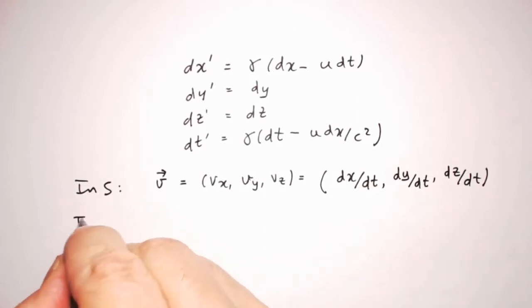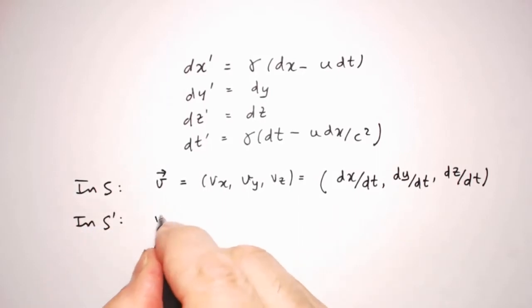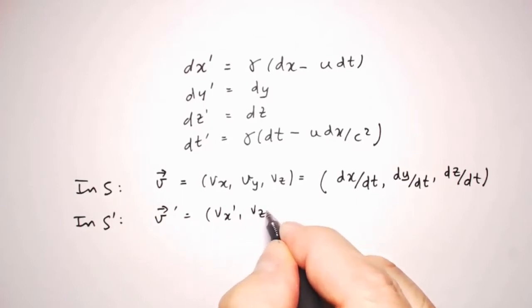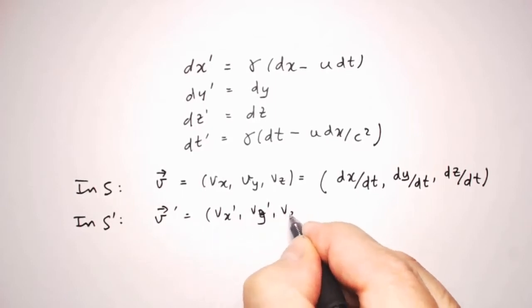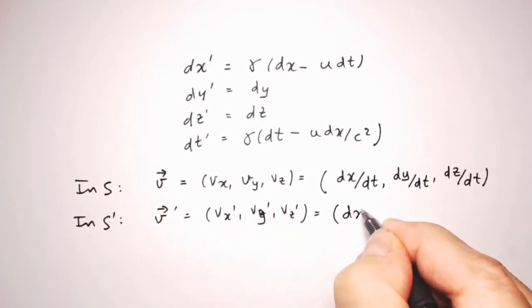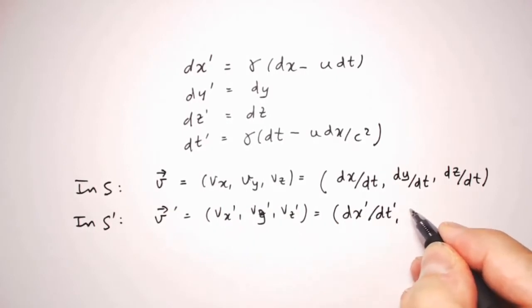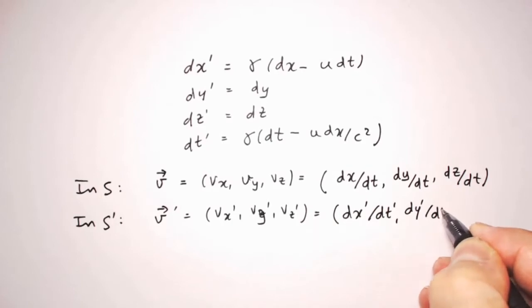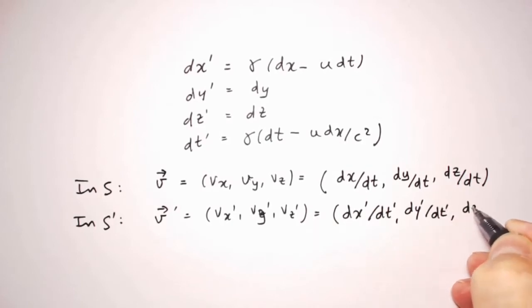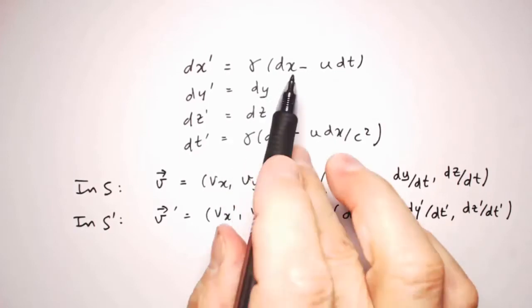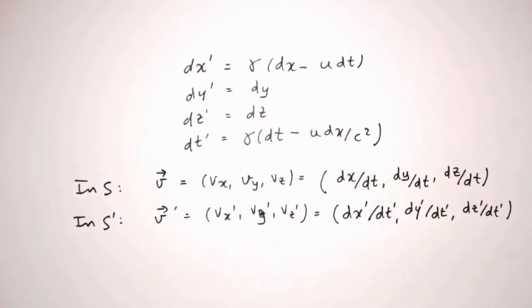So in S prime we have a velocity given by (vx prime, vy prime, vz prime), which in turn is equal to dx prime over dt prime, dy prime over dt prime, and dz prime over dt prime. Now we're going to use these infinitesimals to find out what these velocity components are in S prime.